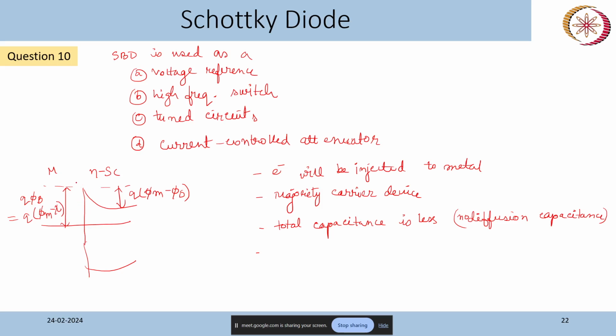So the total delay for this metal semiconductor junction or Schottky barrier diode will be less. That is why these are used for high frequency applications. Only drawback is the reverse saturation current is higher, but for high frequency applications, those are used as high frequency switches.